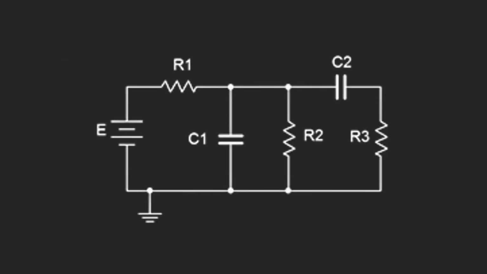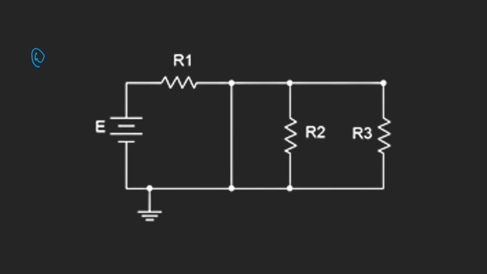The final concept that we need to familiarize ourselves with before attempting this problem is capacitors. So initially at time equals 0, capacitors have no voltage. After some time has passed and the circuit is at steady state, capacitors act as open circuits. They're fully charged, so they no longer let current flow through them. This is what the same circuit looks like at t equals 0.